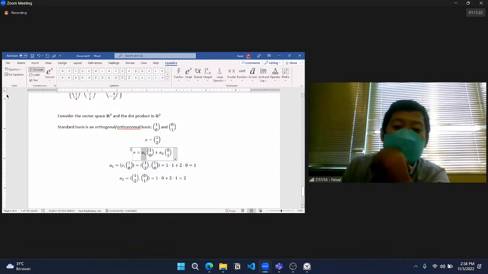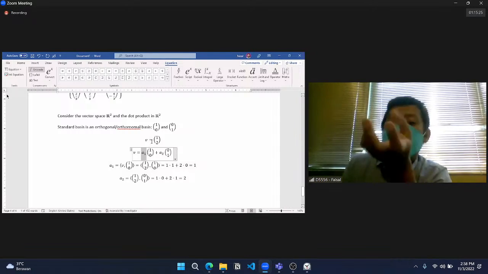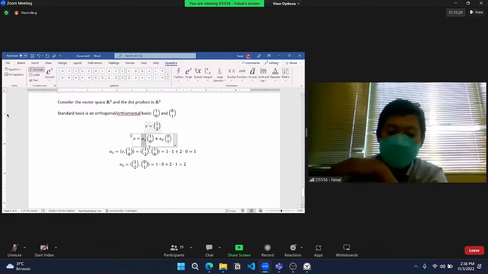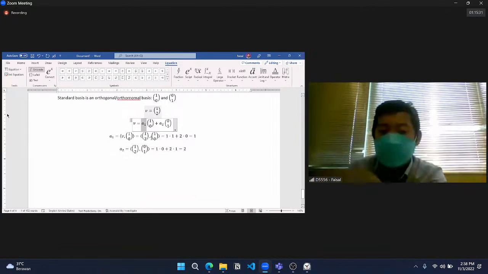This is the special property of an orthonormal basis. How do we get scalars? We compute the dot product.